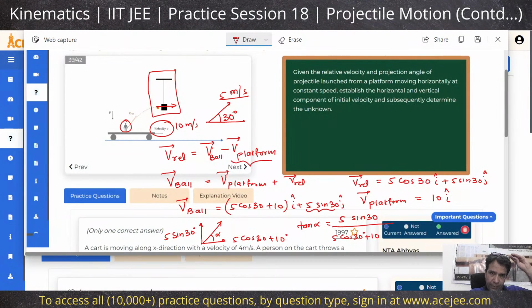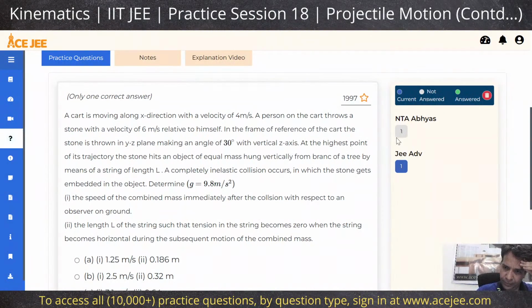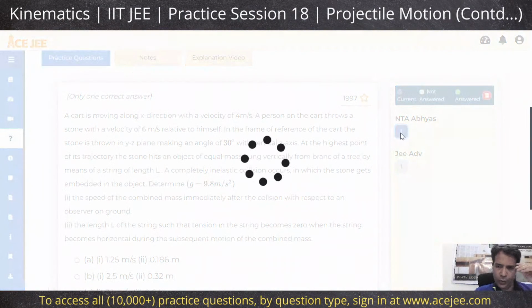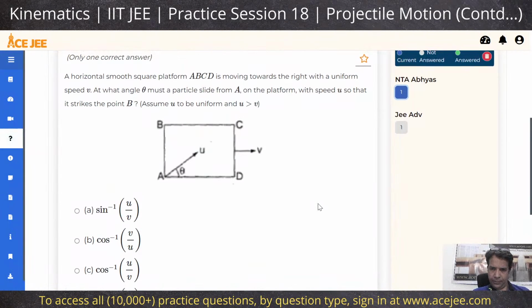Yes, sir. Okay, so let's go ahead and solve a sample problem if we have one here. Let's go ahead and solve the anti-abhyas question. Let me read through it. It says a horizontal smooth square platform ABCD is moving towards the right with a uniform speed v.